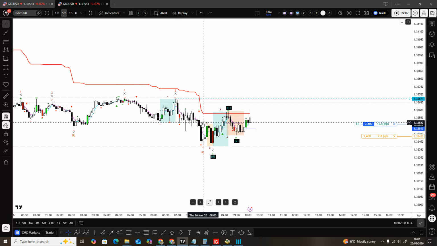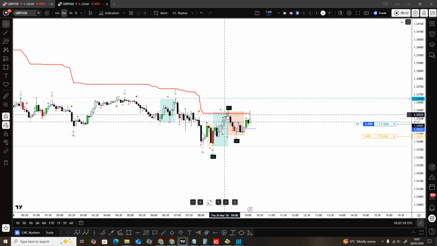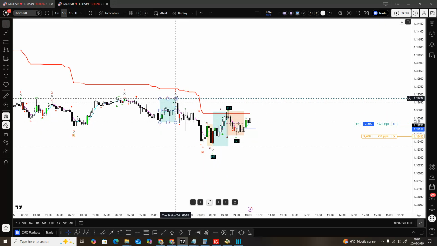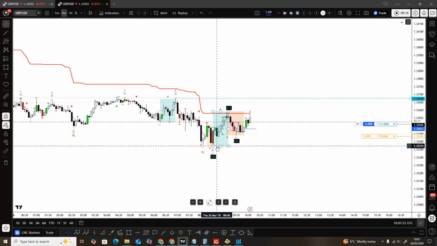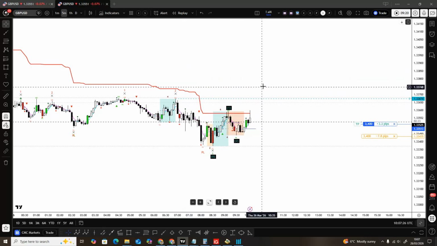Sellers here, they've been knocked out. No, actually, their stop loss is still there, but if I'm selling, they've given up more than 50% of the profit. So we should be expecting a continuation.